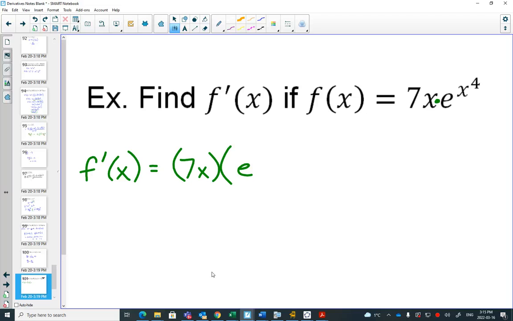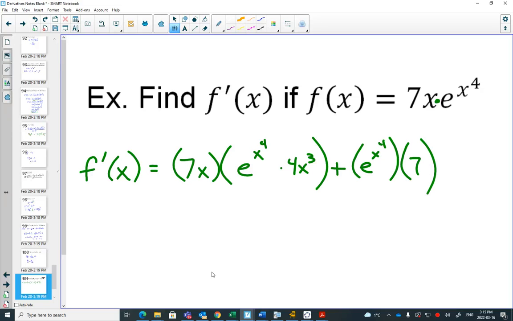So it stays the same, with the inside function staying the same, multiplied by 4x cubed. What sign goes here? Plus. Then we keep the other one the same, e to the x to the 4, multiplied by the derivative of the first one, which is just 7.